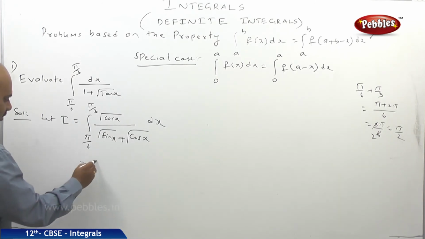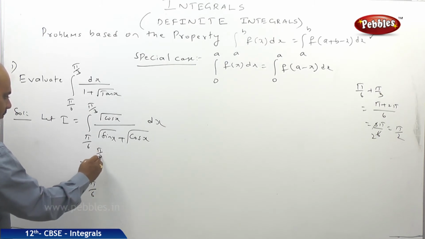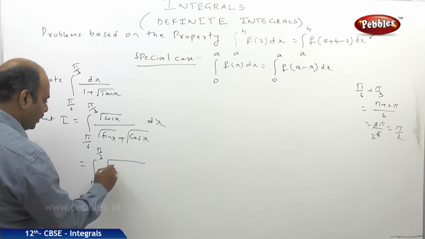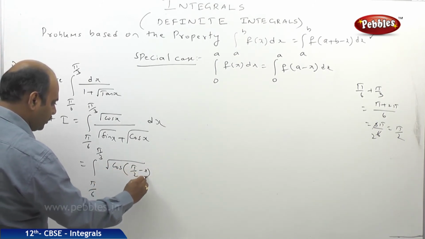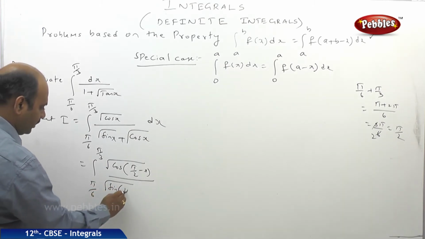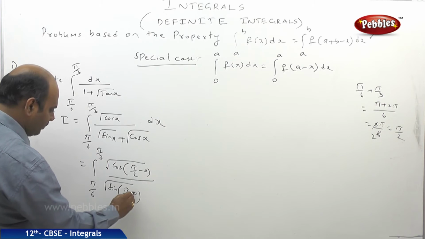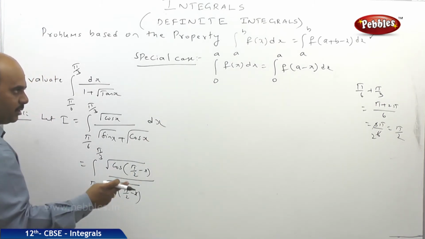So what happens? Integral of pi by 6 to pi by 3 under root of cos of pi by 2 minus x divided by under root of sin of pi by 2 minus x. How did you get this pi by 2 minus x? Just now I explained.